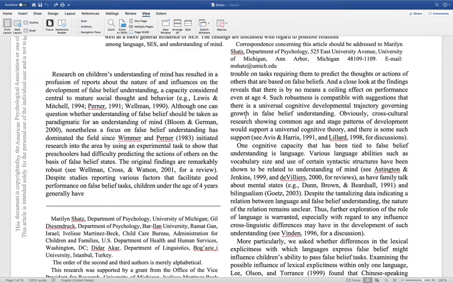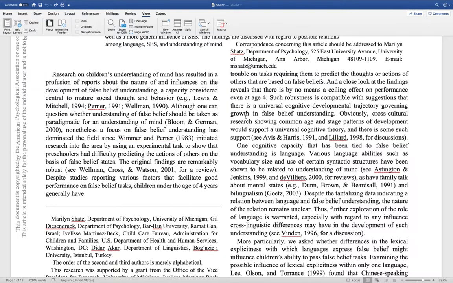So wait, let's go there. Various language abilities, such as vocabulary size and use of certain syntaxes, are related with better understanding of others' minds. Having family that talk about mental states helps us understand others' minds, and being bilingual helps understand others' minds, likely because you're dealing with two different meaning systems.